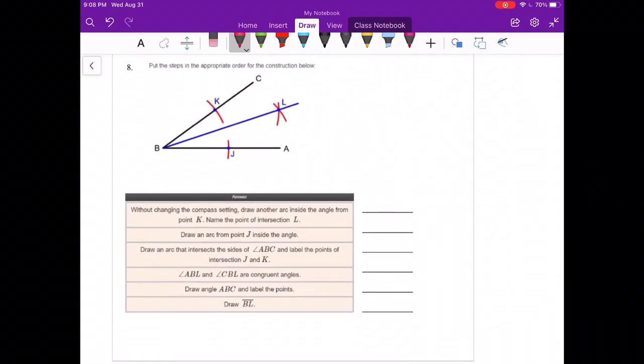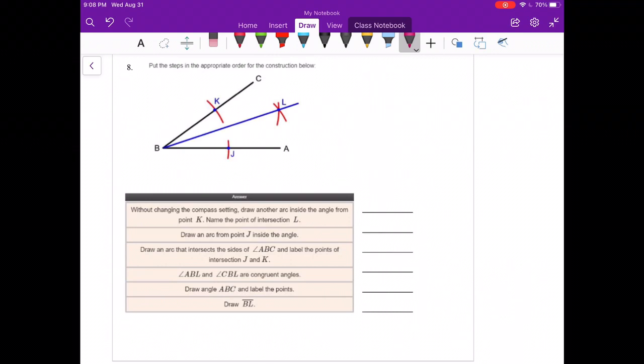For this problem, what you need to do is to read through each of these steps and to put them in number order. Personally, when we're going about constructions, it's always best to start backwards. What we need to do first is to recognize what type of construction this one is.